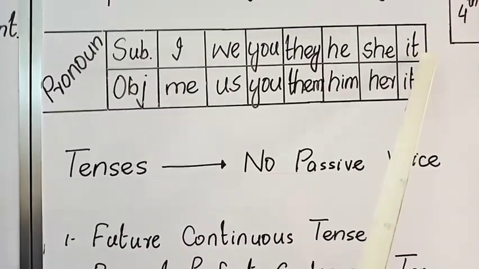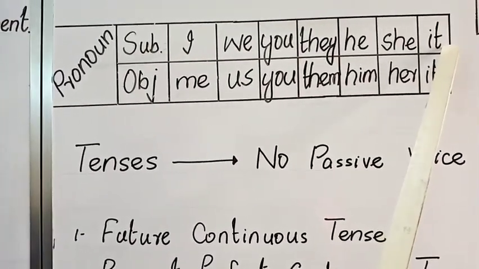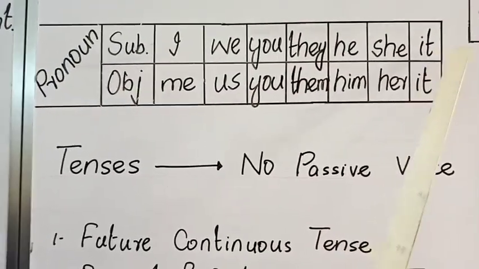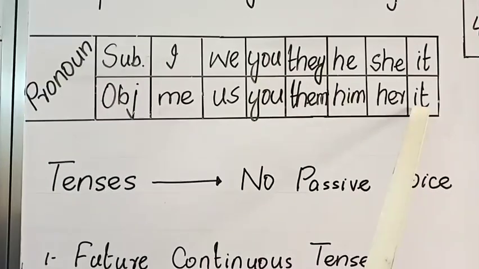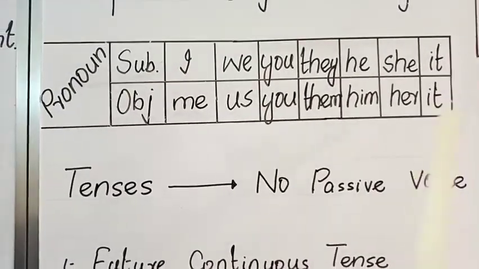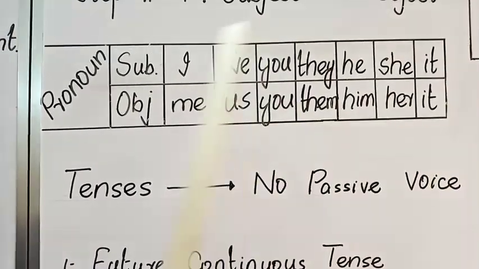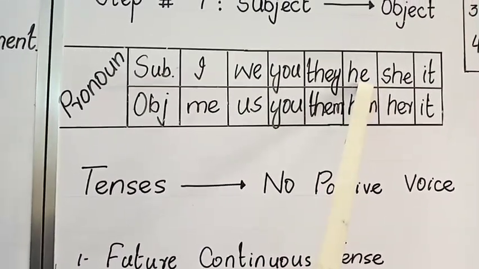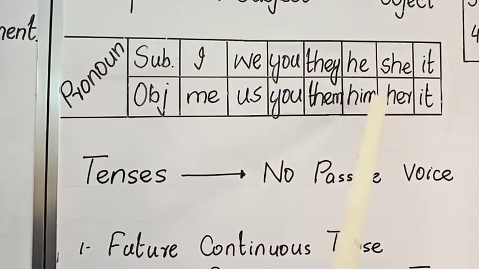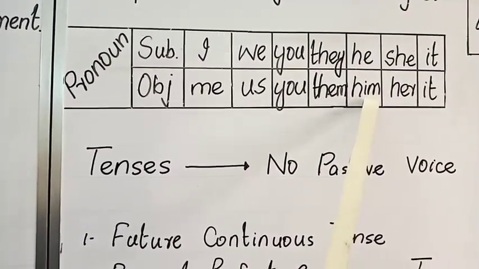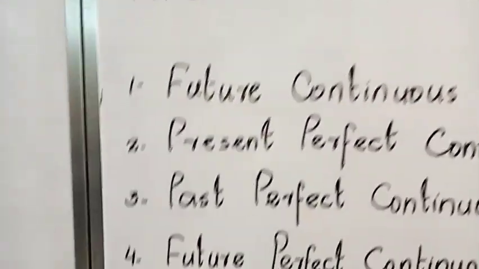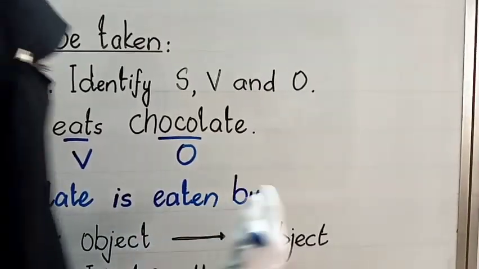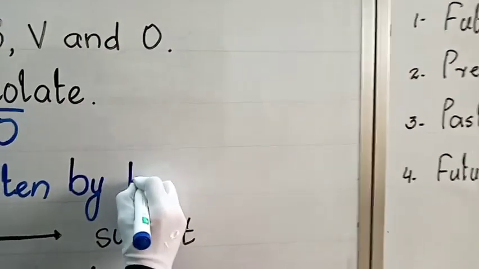And it, if it is a subject, that is also singular third person, and it is used for animals and for non-living things, and its object is also it. So according to this chart, we have he as a subject and we have to change this subject into object. So this will become him, right? So this sentence will be chocolate is eaten by him.